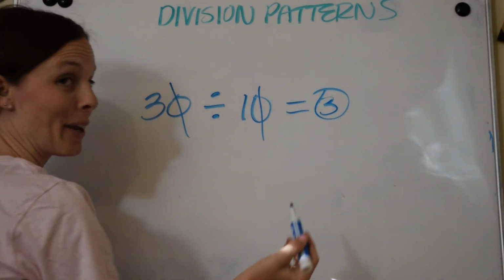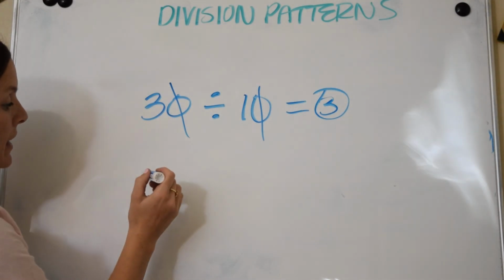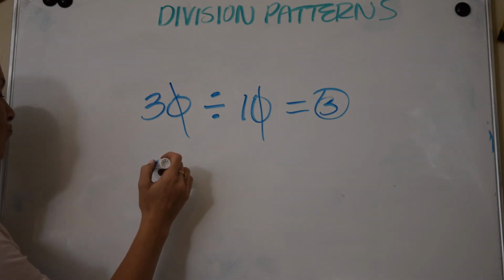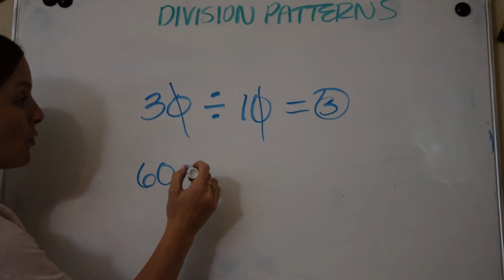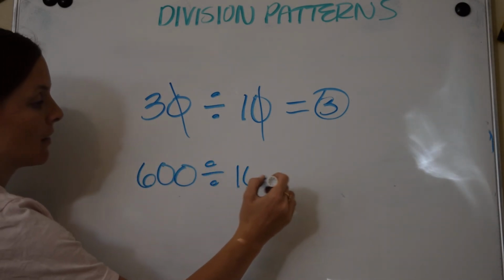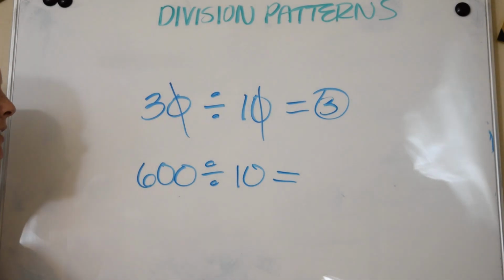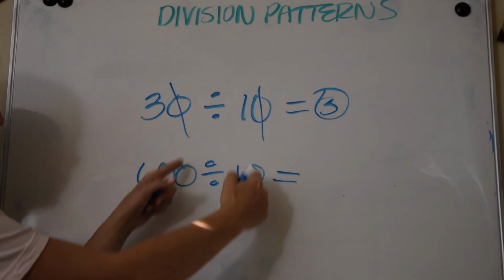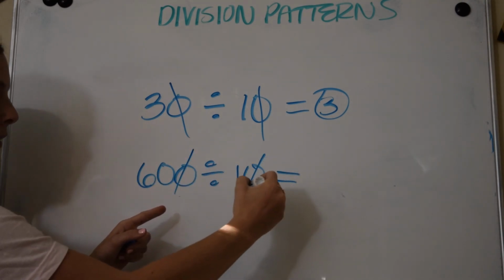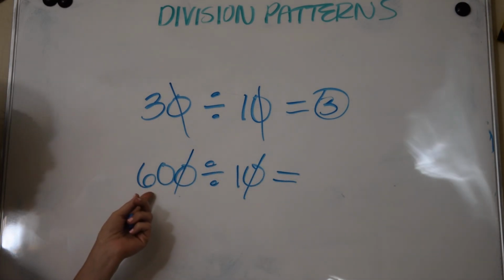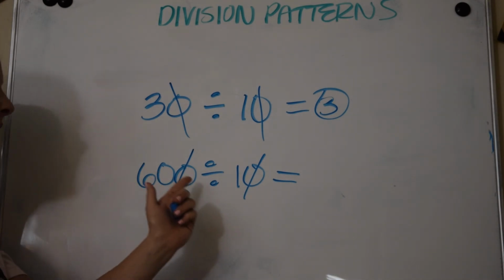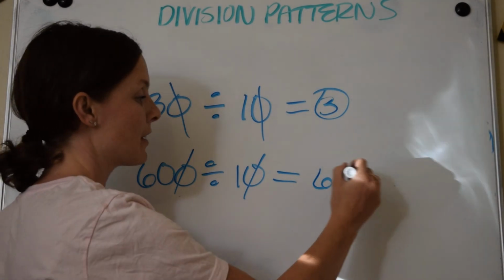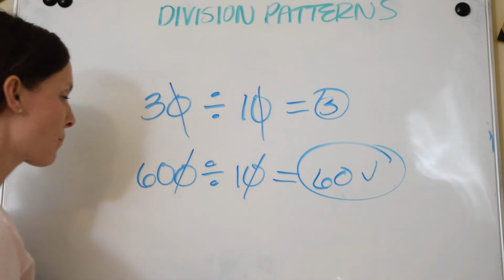So your answer is 3. What if I had 600 divided by 10? Look what happens here. So, cross out zeros that cancel each other out, right? Only one can cancel out another one. Now I'm left with 60 divided by 1. 60 divided by 1 is 60, so our answer to here is 60.